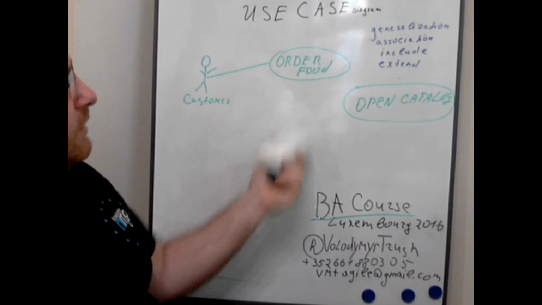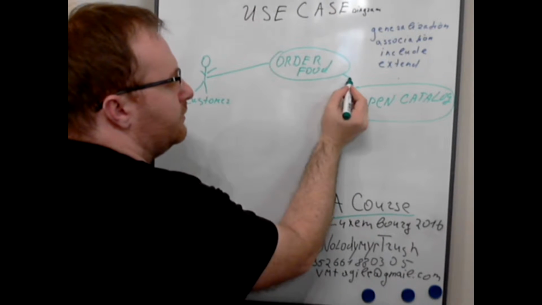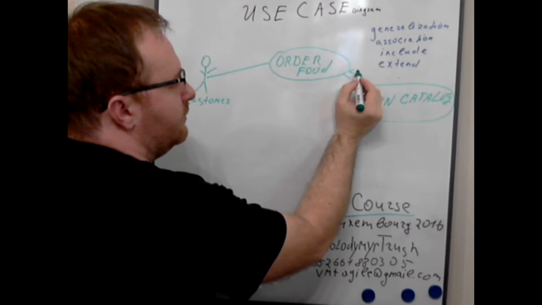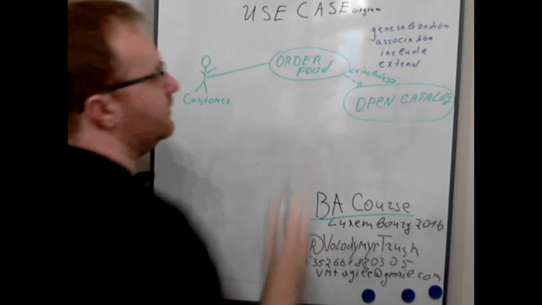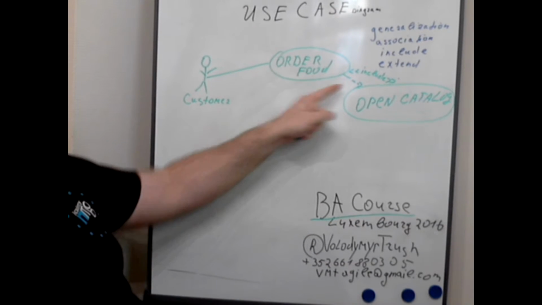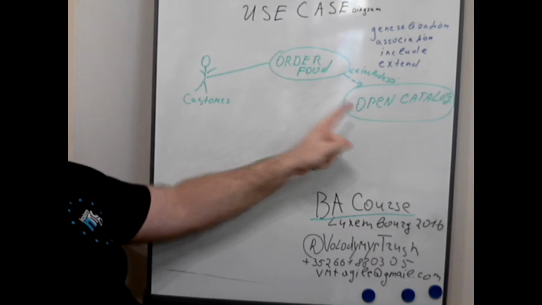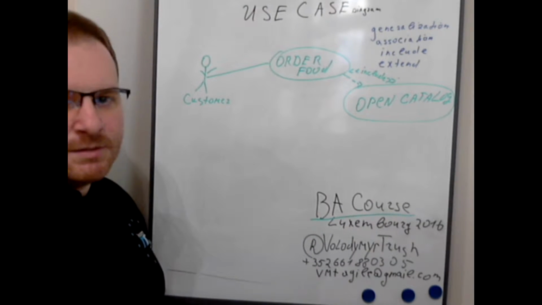This is the mandatory step. So we use the dashed line and we use the label include here because this is a mandatory step. Open the catalog. Okay, you get the point.